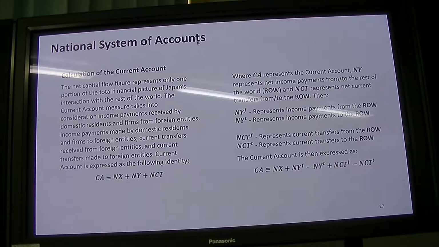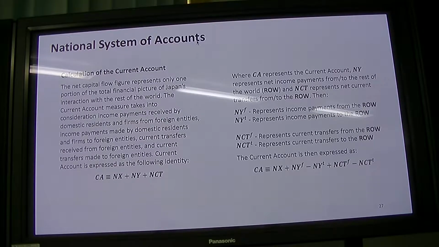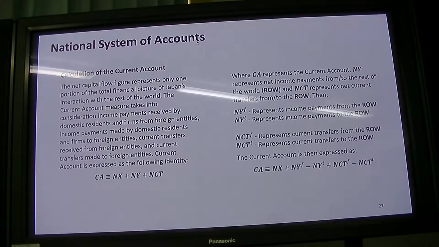It's income payments made by domestic residents and firms to foreign entities. So it's also the other way. If foreign entities own assets in Japan, if they've made investments in Japan, then those payments are made, and they're receiving those payments.